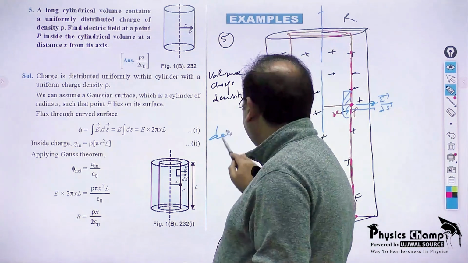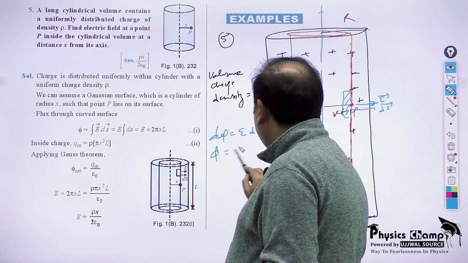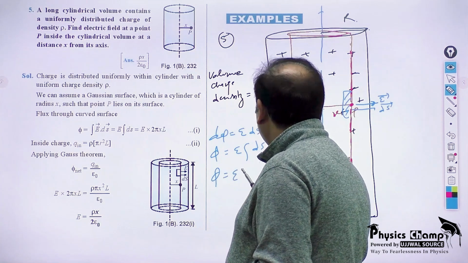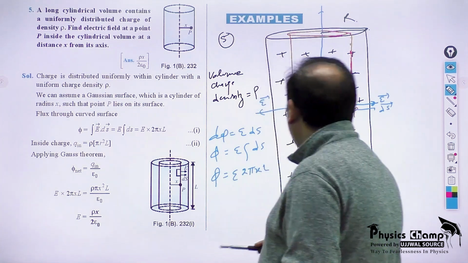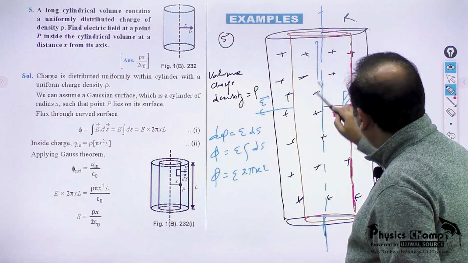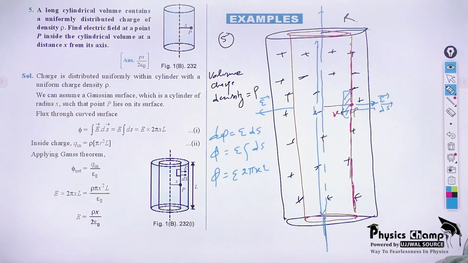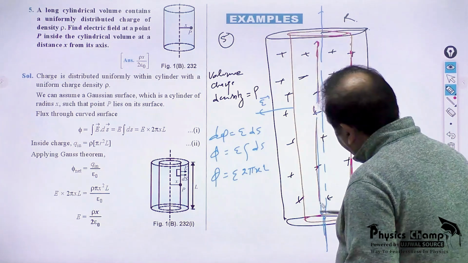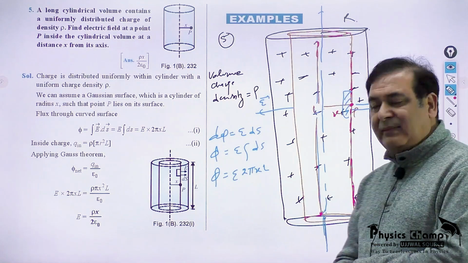So the flux will be E ds cos 0, and total flux will be E into integration of ds. So the total flux will be E into 2 pi xL, where L is the length of the cylinder and x is the radius. So its curved surface area is 2 pi xL.